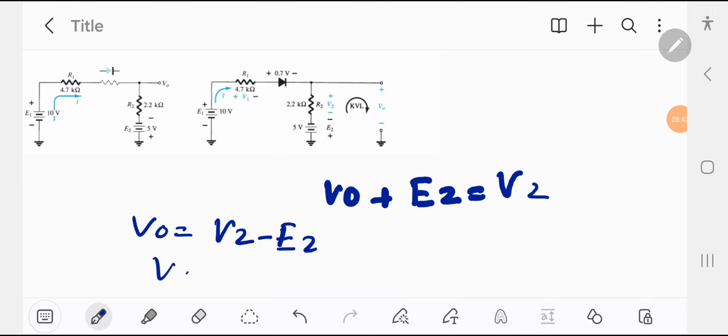Now V0 is actually equal to V2, which here in this case we found is 4.5 volt, minus E2, which is 5 volt. Now which is equal to minus 0.45 volt.